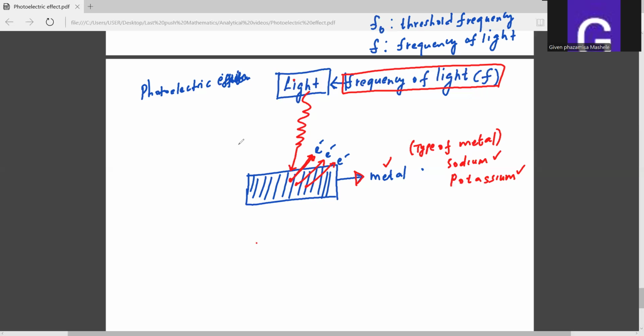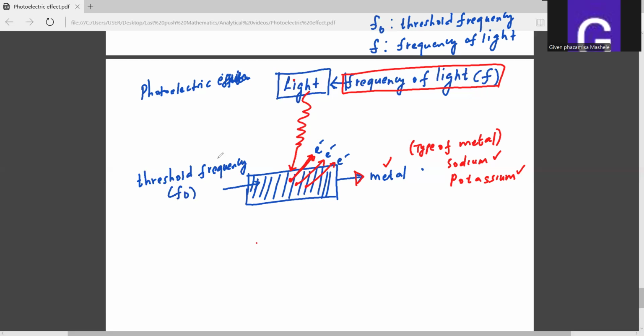So for electrons to be ejected, this metal must have its own threshold frequency. It requires what you call a threshold frequency, or the cutoff frequency, which is denoted by F naught.